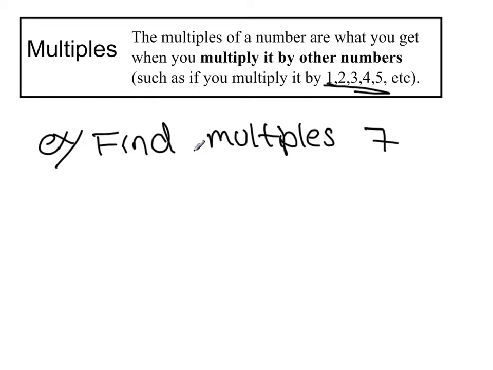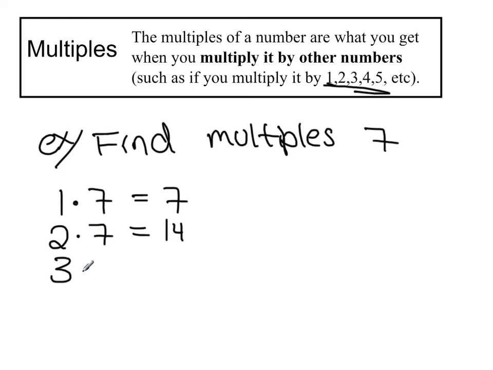We could say 1 times 7 is 7, so 7 is a multiple of 7. Alright, that doesn't really tell us much. Let's say another number, 2 times 7. Well, 2 times 7 is 14. 14 is a multiple of 7.